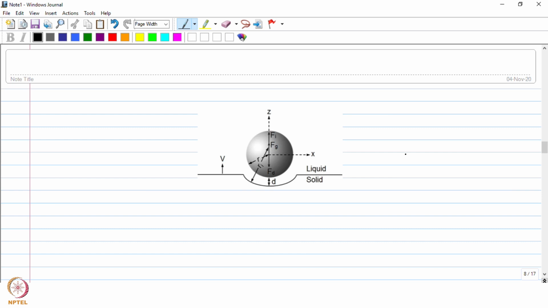We are going to take the help of this particular diagram to understand this interaction and the role of this radius of curvature that develops along the interface. So let us consider a spherical particle of radius r.